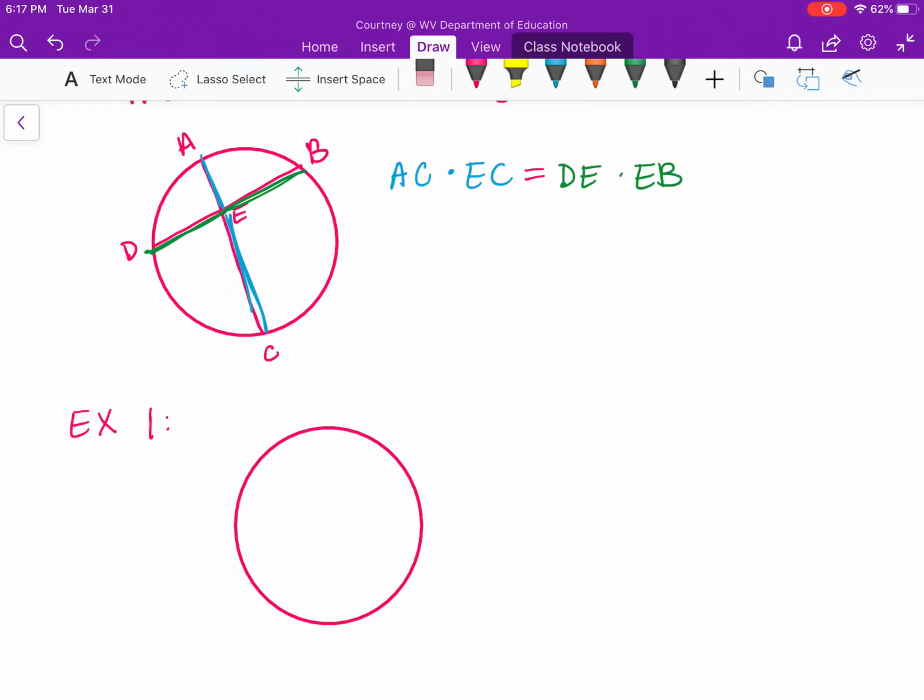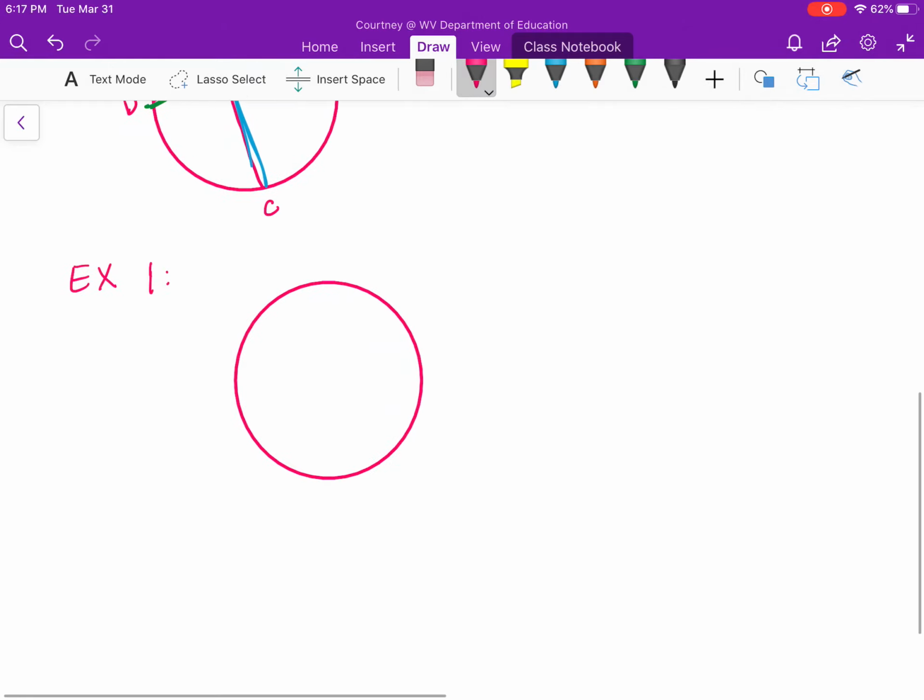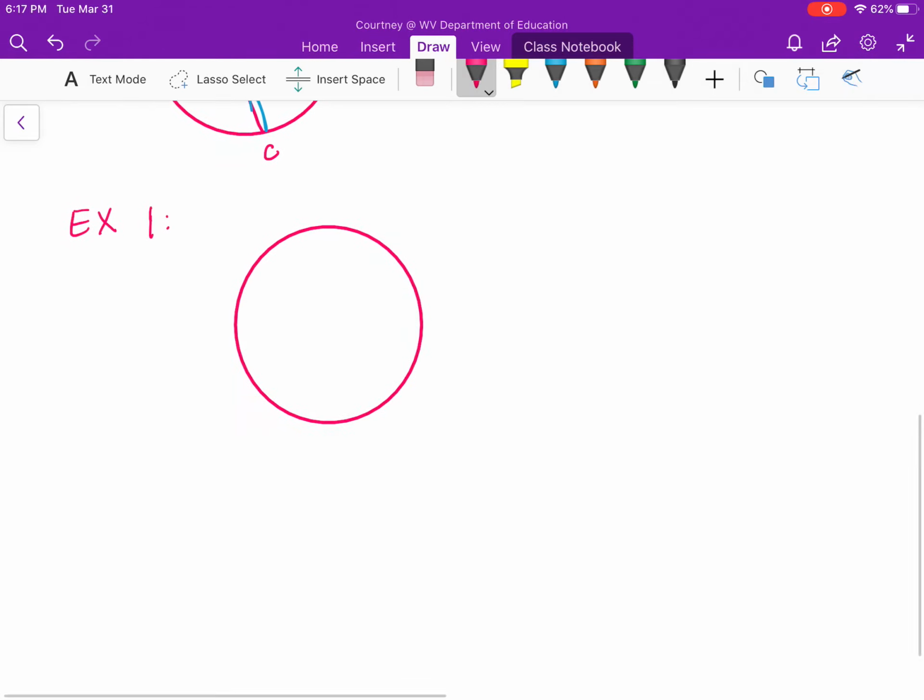Okay, make your circle. Again, we have 2 chords. We have A, C right here, A and C, and we have DB going this way. So D is up here, B is right here. Oh, and then also E in the middle.